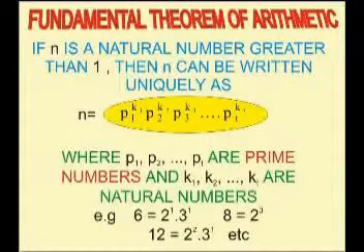For example, 6 equals 2 to the power 1 into 3 to the power 1, 8 equals 2 to the power 3, 12 equals 2 to the power 2 into 3 to the power 1, etc.